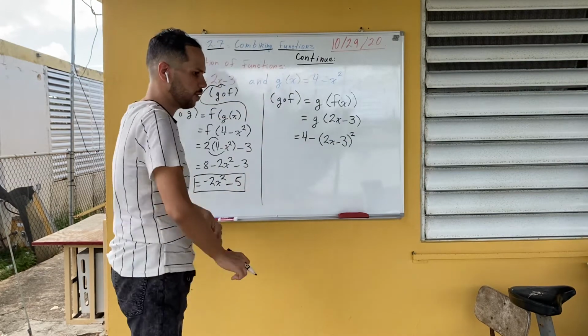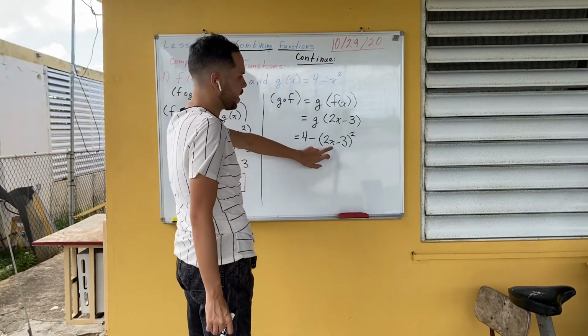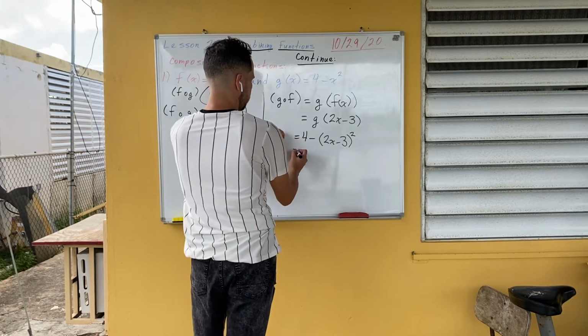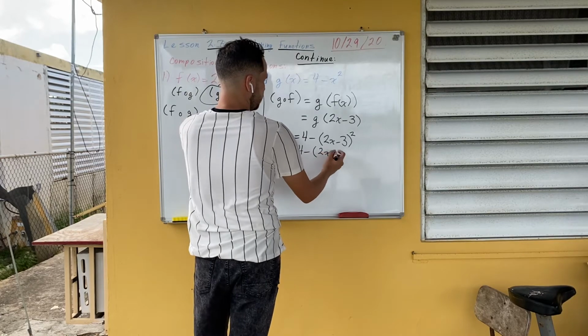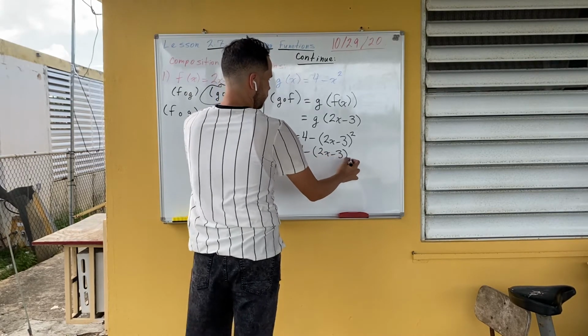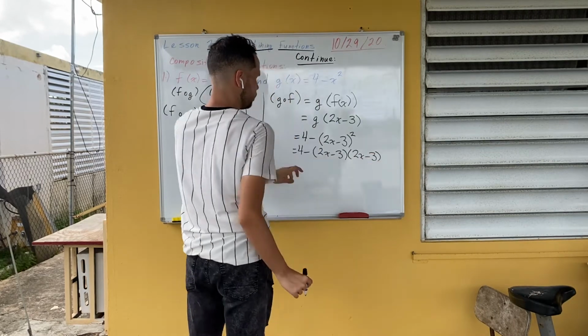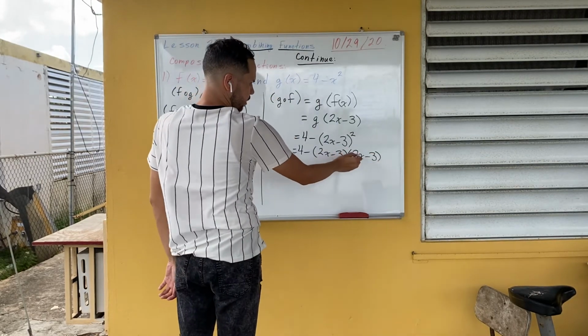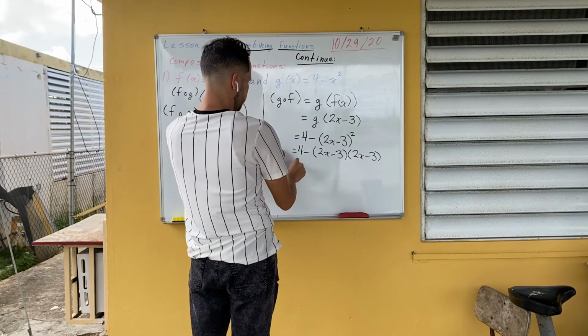So I have to do that process right now because I got 4 minus 2x minus 3 squared. So I'm going to do it very quick. It's going to be 4 minus, and I got 2x minus 3 times the same thing. We have done this in class, so it's going to be the first by the first, the first by the second, and so on.